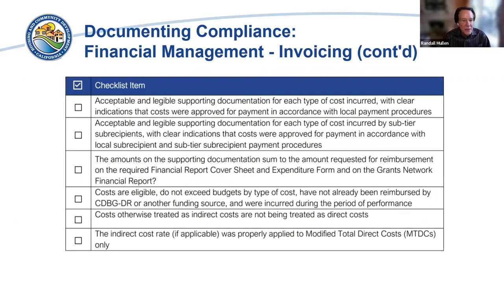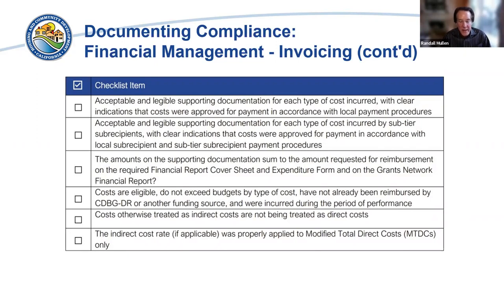Another example would be to look on the fourth row of this slide table, where the question is raised, are costs eligible and do not exceed the budgets by type of cost and have not already been reimbursed by CDBG, DR, or another funding source, or were incurred during a different period of performance? Or are they incurred during the period of performance for which the reimbursement is requested?